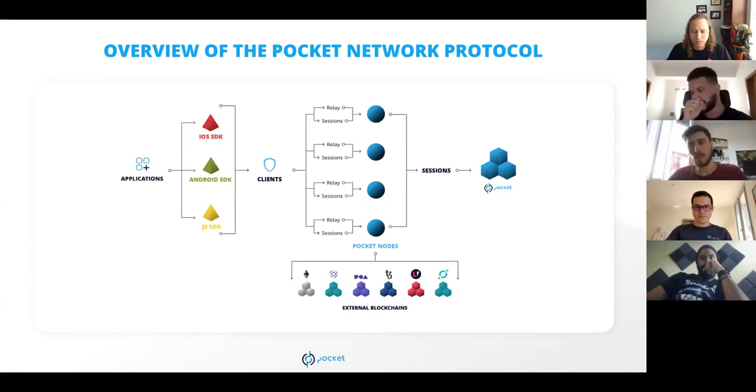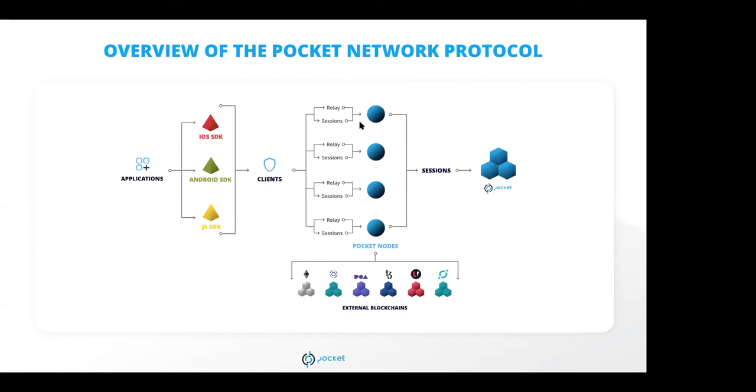That's what we call the dispatch process. Any Pocket node, regardless of it being staked or not, is able to serve this dispatch information via our dispatch endpoint. And application clients will be able to do so.